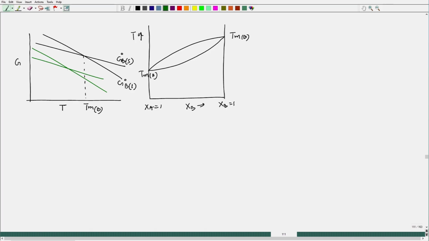Where this is nothing but TMA, and here this is G naught A solid and this is G naught A liquid. Okay. This diagram will be referred to.